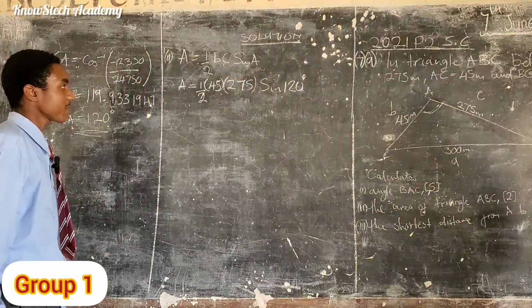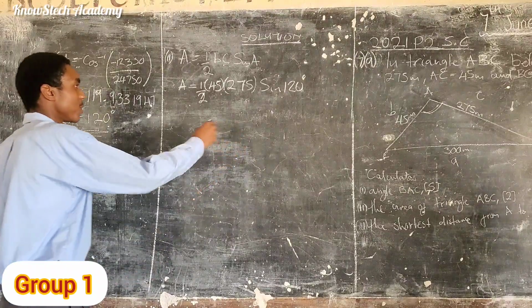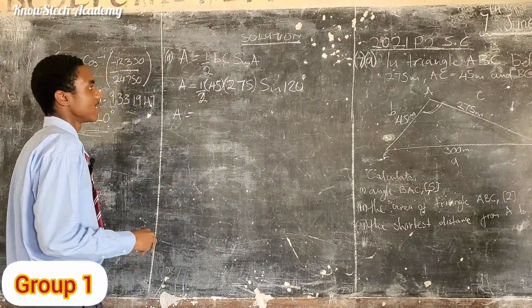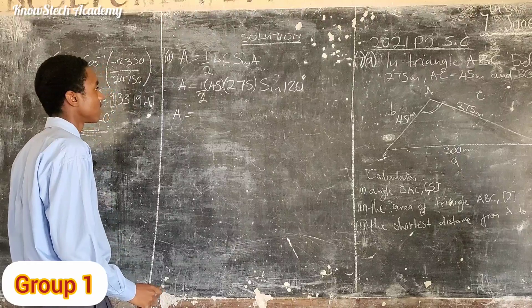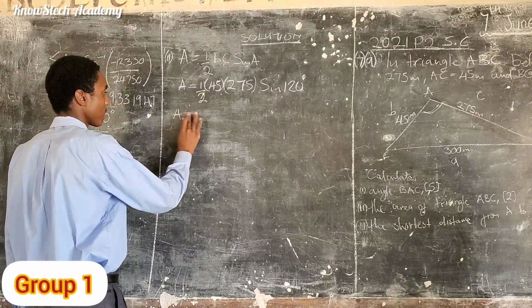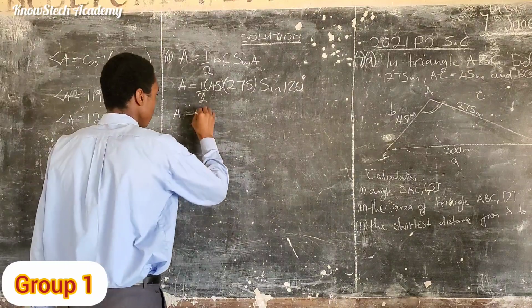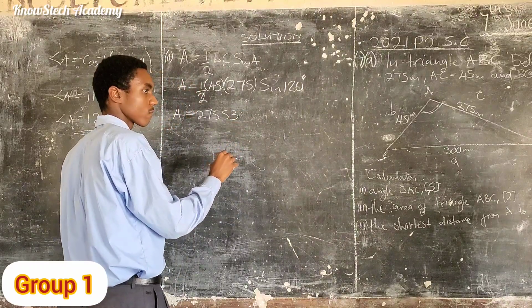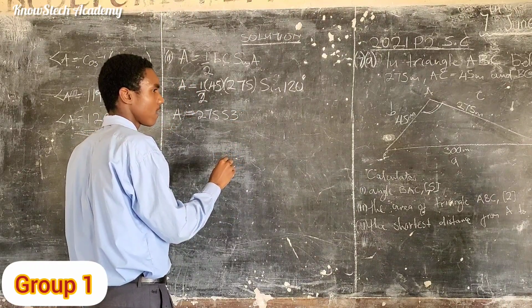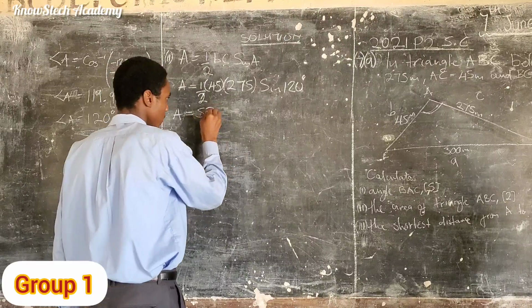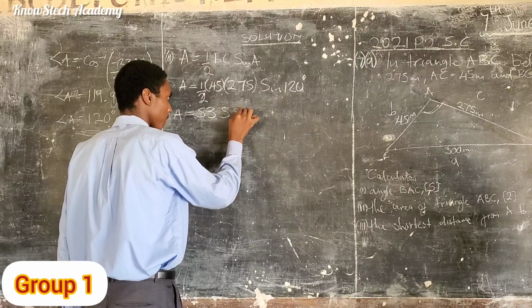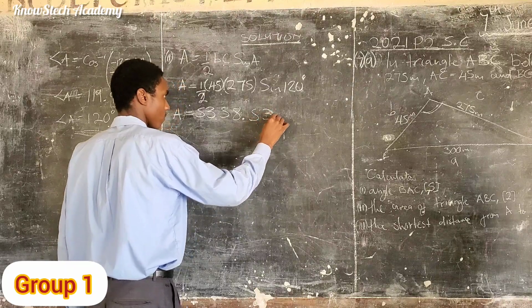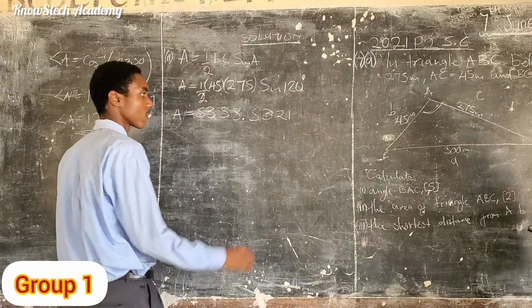Okay, so anyone willing to calculate this for me? The result is 5,358.532186.